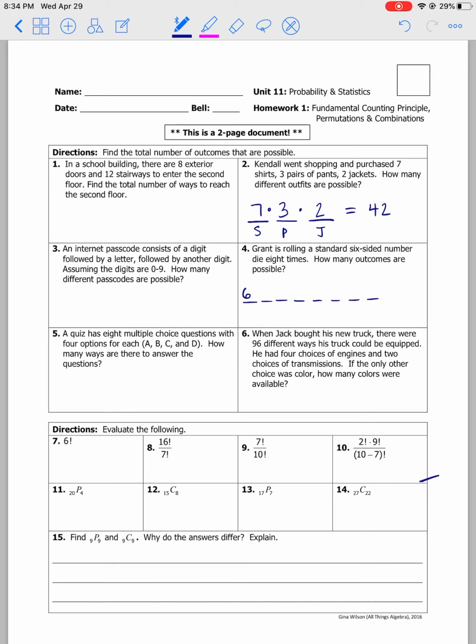It tells you it's a standard die with 6 sides, so each of the 8 rolls has 6 options. That would be 6 to the power of 8, which is 1,679,616.